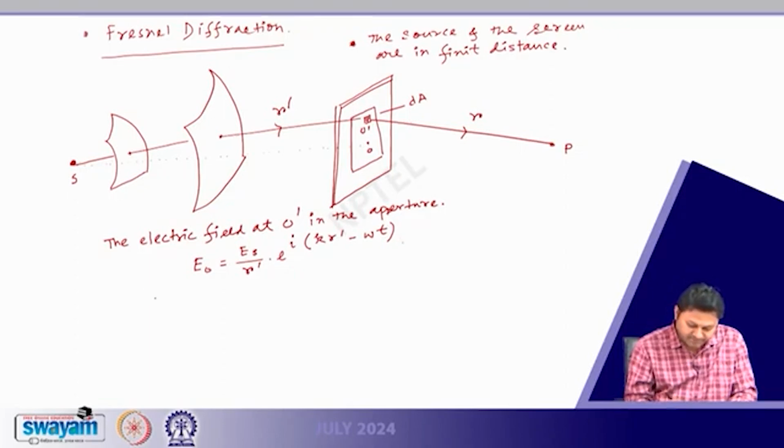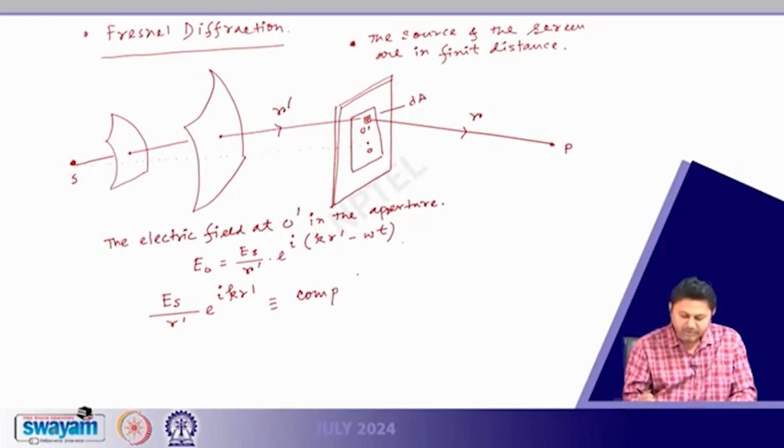Now, this quantity E s divided by r prime, e to the power i k r prime, is considered to be a complex amplitude.